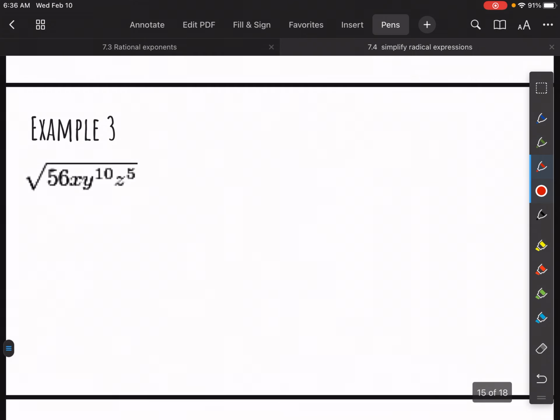So for 56, I think that 4 goes into 56. So if I take 4 into 56, I get 14, right? So I'm going to break this up into square root of 4 times the square root of 14.